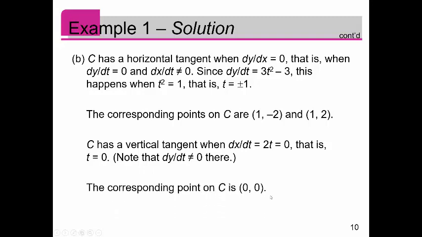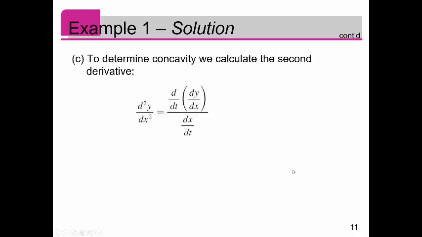The corresponding point here, if you plug 0 into the equations, you would get (0, 0). So there's going to be a straight vertical tangent line. You can see with my mouse here, the curve is going to come up and probably do this. It's probably going to touch it and turn just like that.